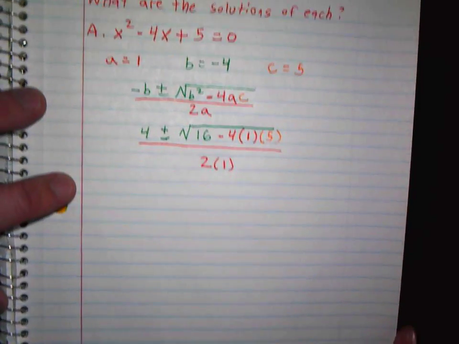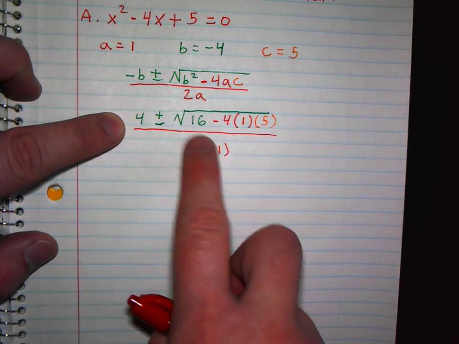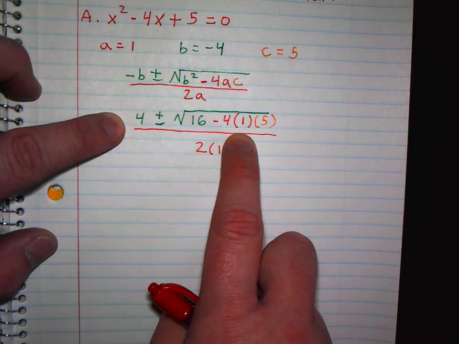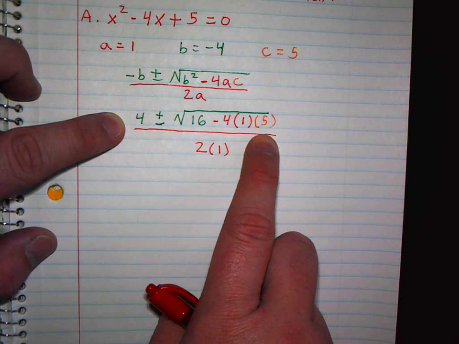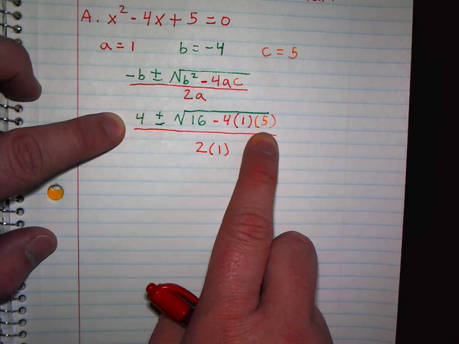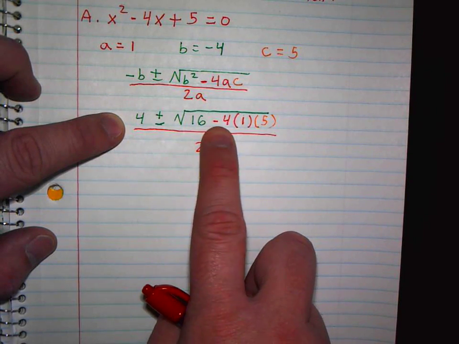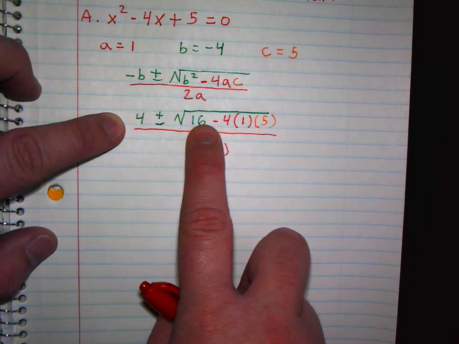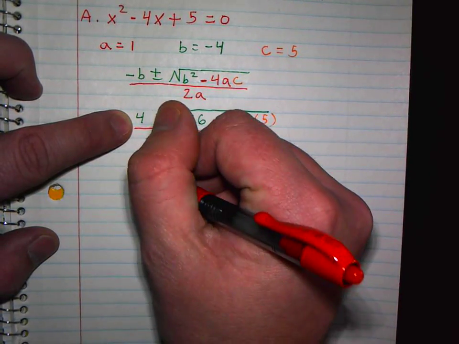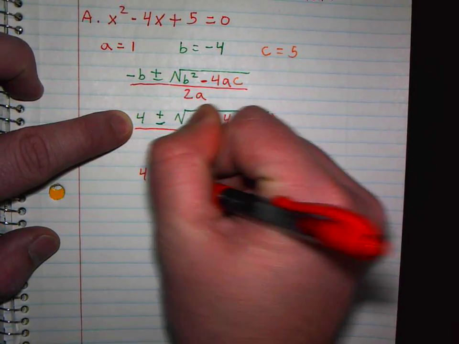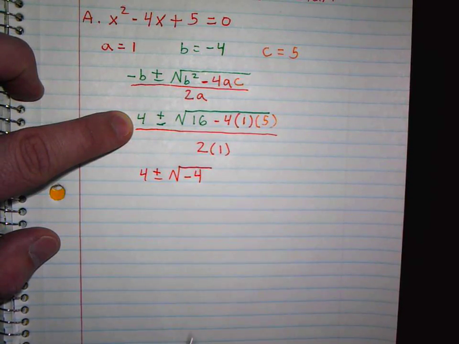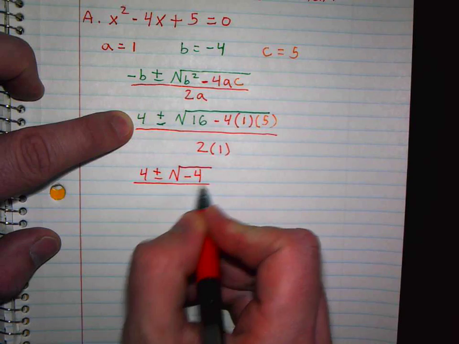Okay, from there, this is 16. You do 16 minus 4 and then times 1 and then times 5? Yeah, order of operations, right? I have to multiply 4 times 1 times 5 and then subtract. So what is 4 times 1 times 5? 20. And 16 minus 20 is negative 4. And of course, 2 times 1 is 2.